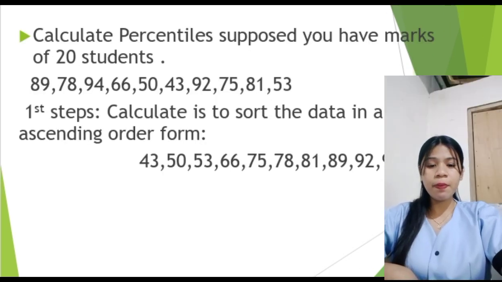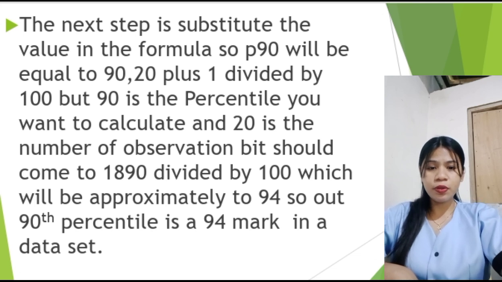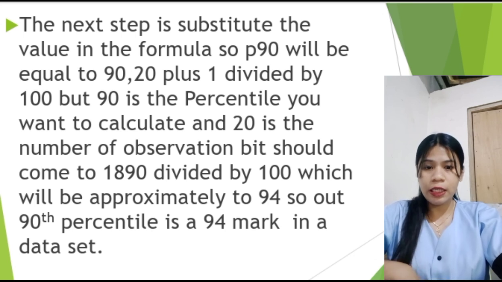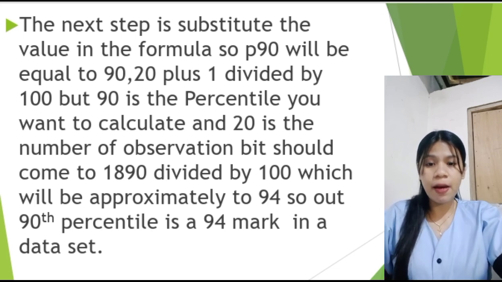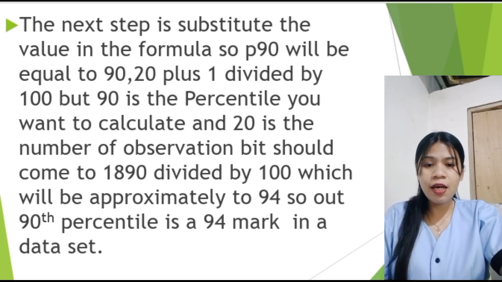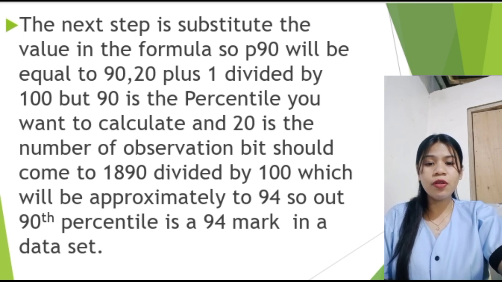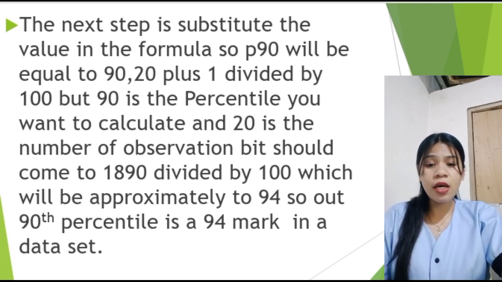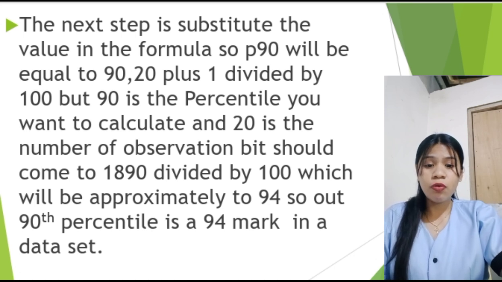The next step is to substitute the values in the formula. So P90 will be equal to 90 times (20 plus 1) divided by 100, where 90 is the percentile you want to calculate and 20 is the number of observations. This comes to 1890 divided by 100, which is approximately 94.